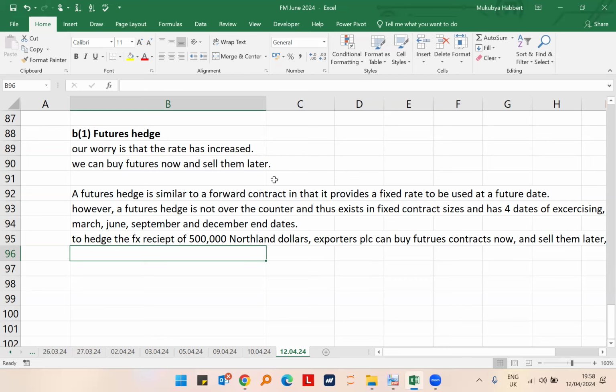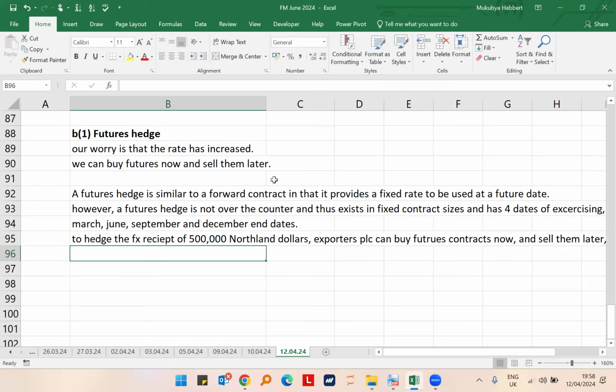Now you see the other thing: first of all you need to make sure that the Northland dollars also exist in that future, right?